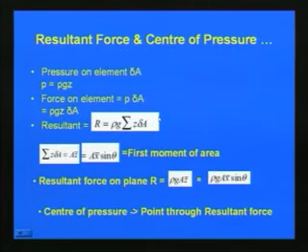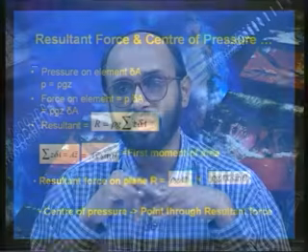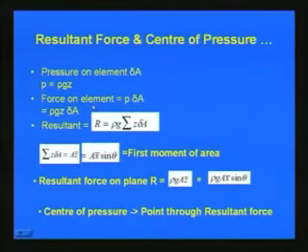So, now the resultant force and center of pressure. The pressure on element delta A, as we have seen in the previous slide, is P equal to rho G Z, where rho is the density of fluid, G is the acceleration due to gravity, and Z is the depth at which the element delta A is located. So, the force on the element is P into delta A, that is rho G Z delta A. Then we take the sum over all the different elements of the plane area, and the resultant is R equal to rho G sigma Z delta A. This sigma Z delta A can be represented as A Z bar.